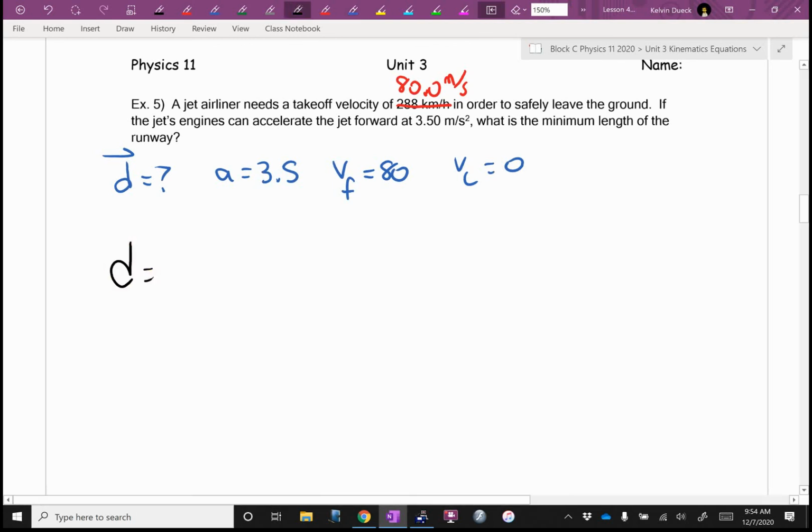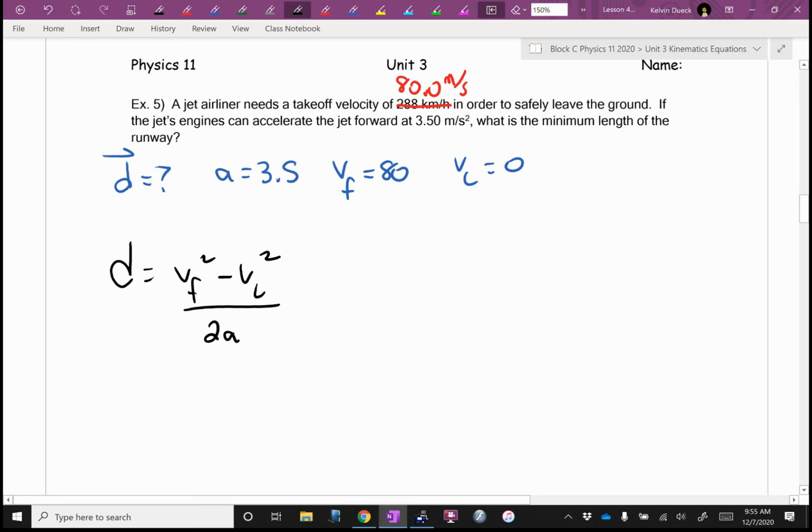D equals. Yep. Yep. Awesome. Keep going. Yes. Keep going. Yep. Yes. Well done. If I can get you all to that spot, we're in good shape.